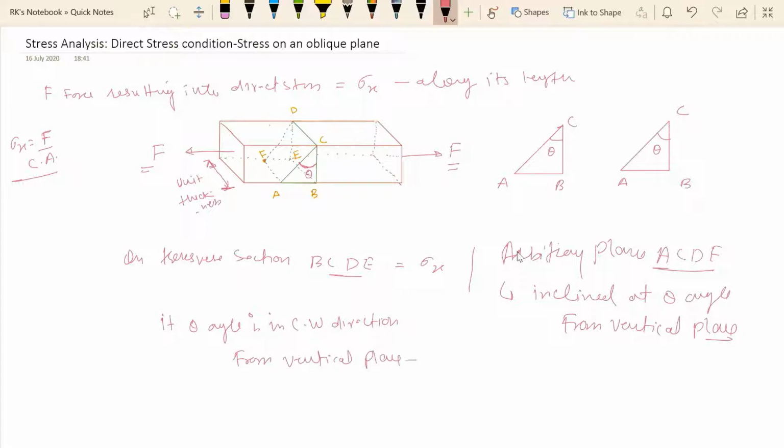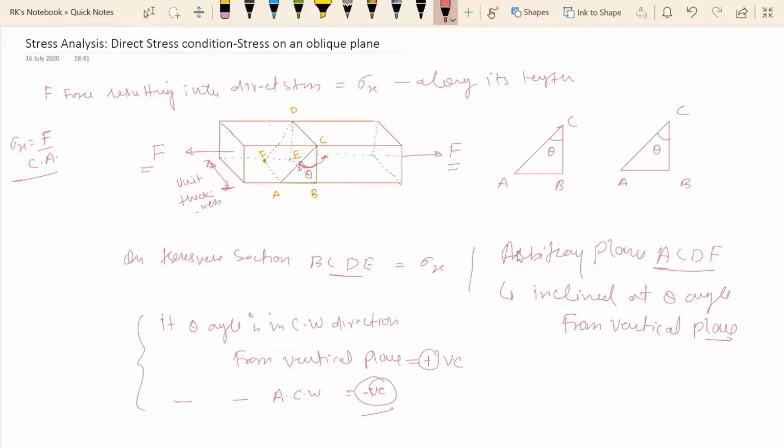If the theta angle is measured in the anti-clockwise direction from the vertical plane, then theta would be negative. So this is the sign convention for the theta angle.